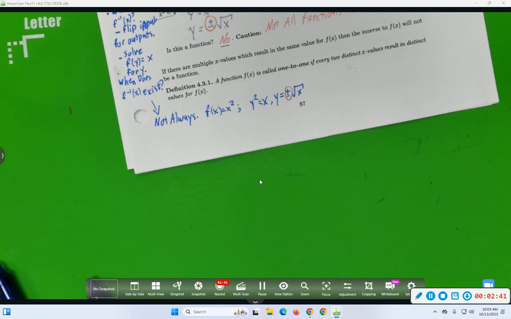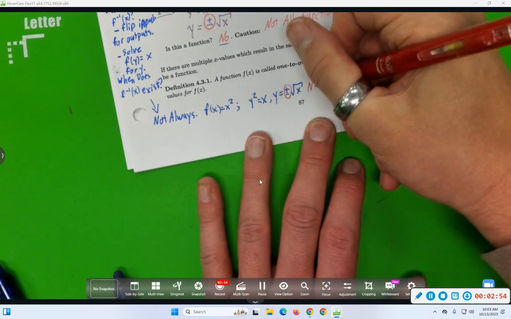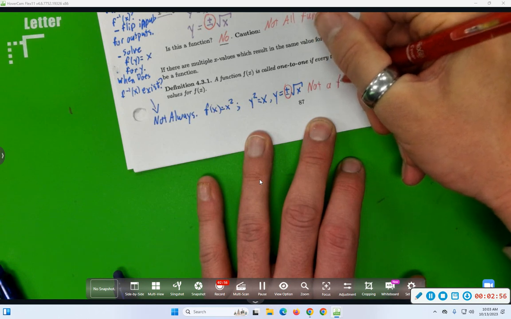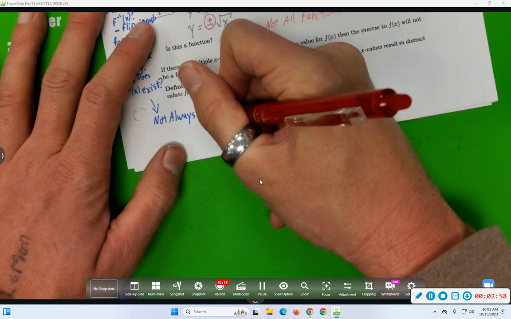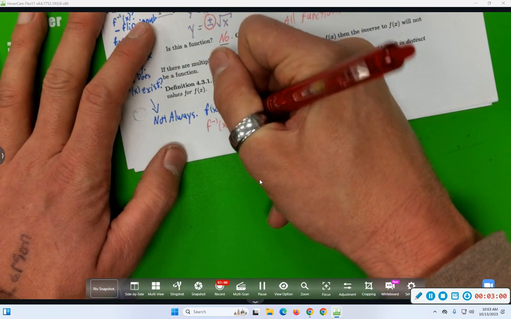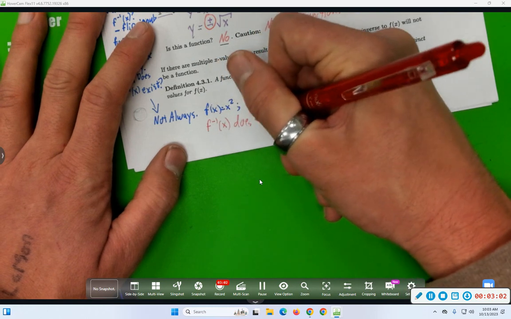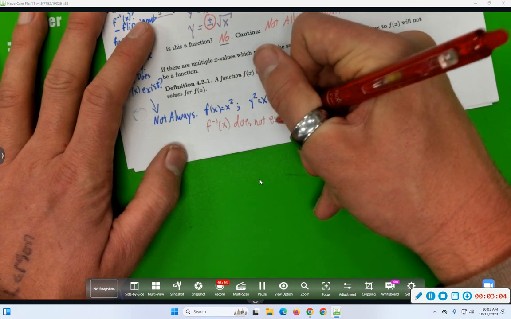That says that the inverse doesn't send an input to just one output. The inverse wants to send a single input to two different outputs. This is not a function. So that means in this particular case, f inverse of x does not exist.